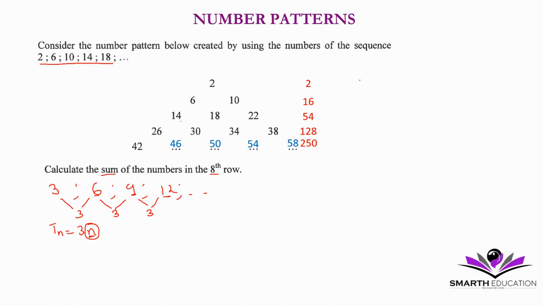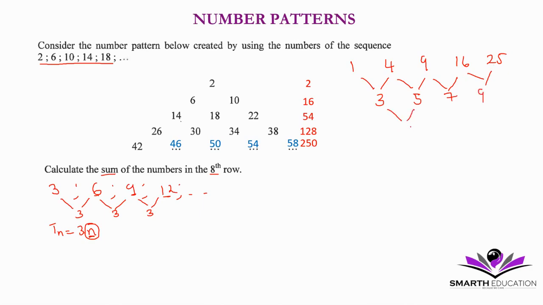And then when it comes to the quadratic one, let's say we have numbers 1, 4, 9, 16, 25. It goes on like that. So the first differences: 4 minus 1 is 3, 9 minus 4 is 5, 16 minus 9 is 7, 25 minus 16 is 9.